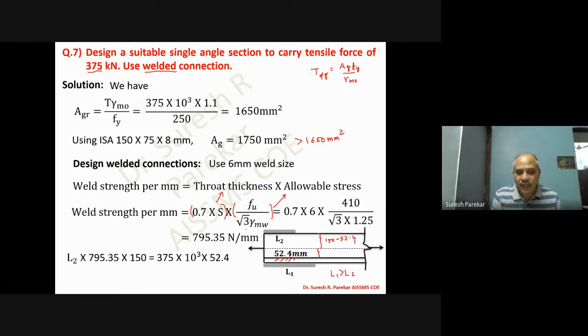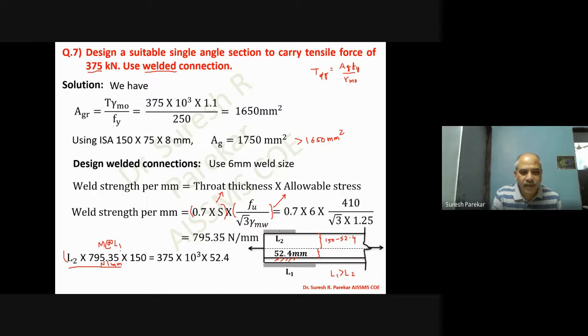So now we take moment about L1. We have L2 into the weld strength per millimeter, in Newton per millimeter, so this total we will get as weld strength.